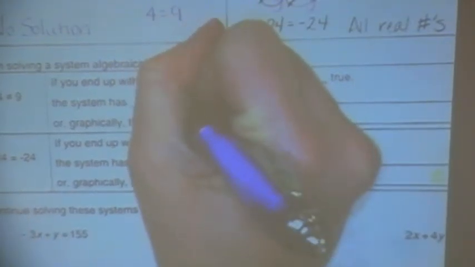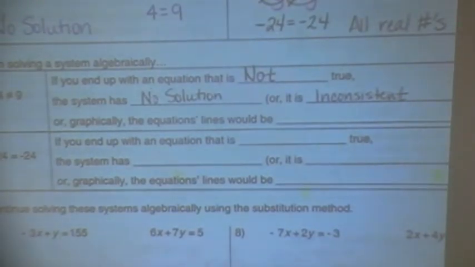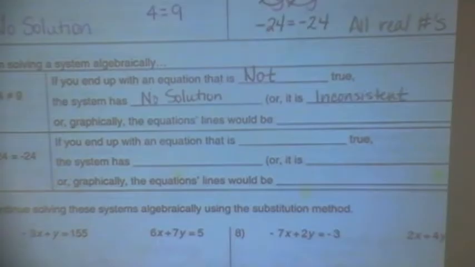This system has no solution, or it is inconsistent. Graphically, what would be true if we put this in the calculator? If it has no solution, what's true about them graphically? They're parallel.